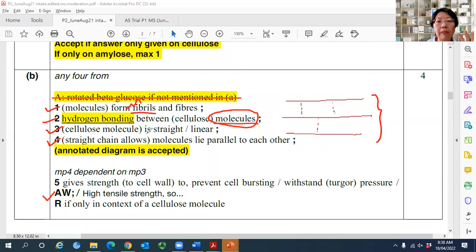Why? Because sometimes you see the past year mark scheme can be general, sometimes it will be very strict. You want to score full marks regardless of whether the mark scheme is general or strict. So always try to give the most accurate, crystal clear answer, not pray that they will mark it generally.